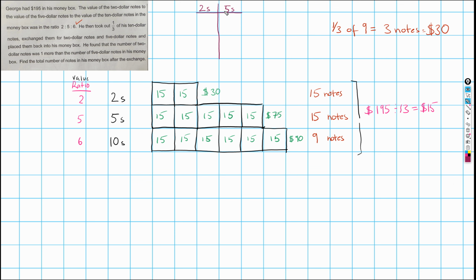Now, let's say we got one $5 note. We would be left with $25, and we cannot exchange $25 into $2 notes without having something left over. So what you'll notice very quickly is you have to have an even number of $5 notes.